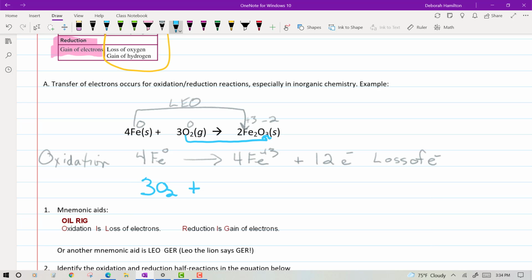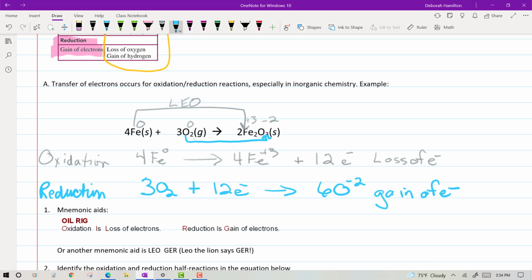Because if each oxygen has a -2 charge, and we have 3 times 2 is 6 of them, that means that 12 electrons are going to be needed to reduce the oxygen and form the 6 O2s at -2 each. Okay, so this is a gain of electrons. All right, so this is called reduction.